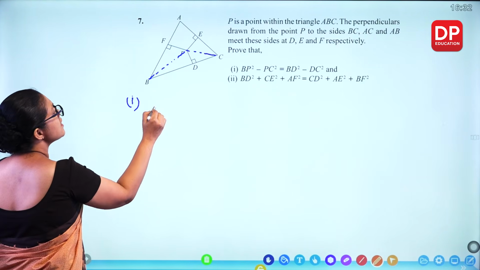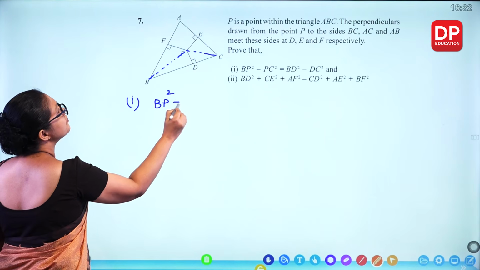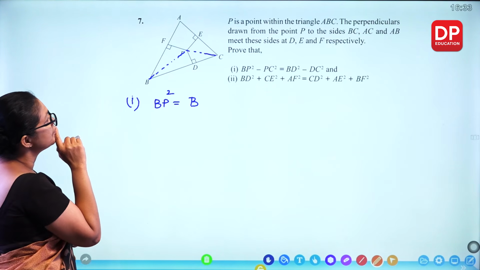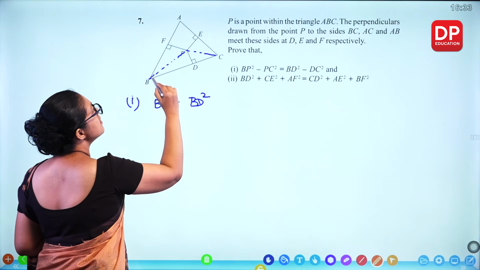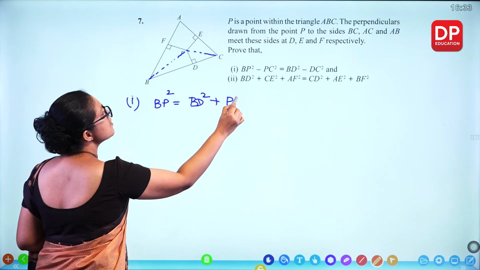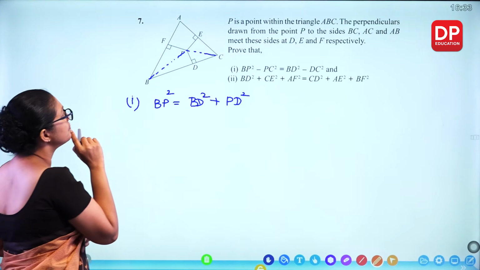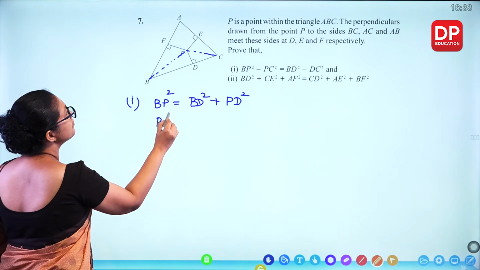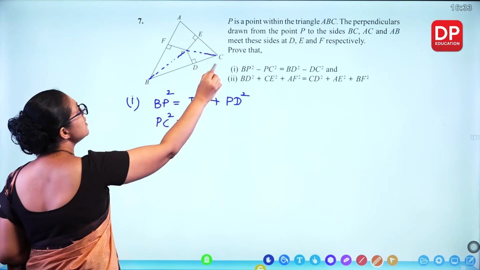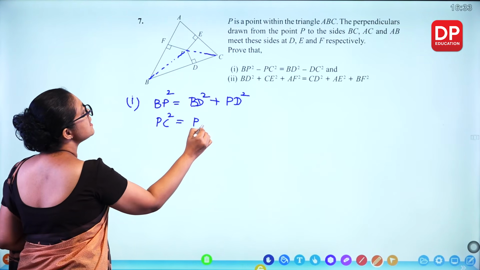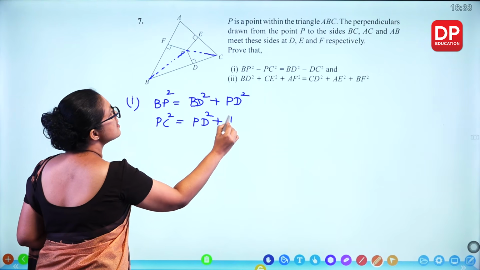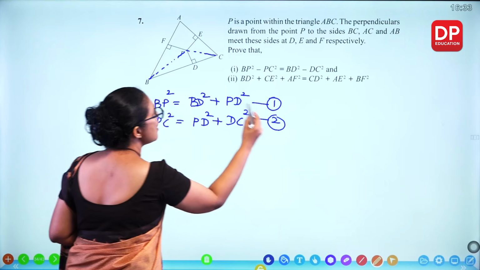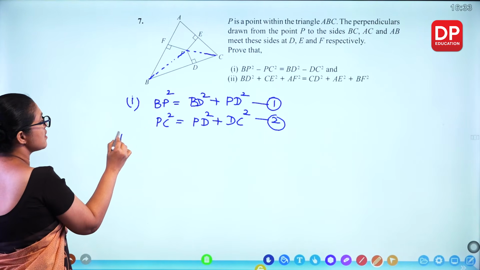So we'll take what is BP squared. BP squared, I can write BD squared plus PD squared. Then what is PC squared? From this triangle, PC squared is PD squared plus DC squared. This is the first one, and the second one, I can subtract 1 and 2.